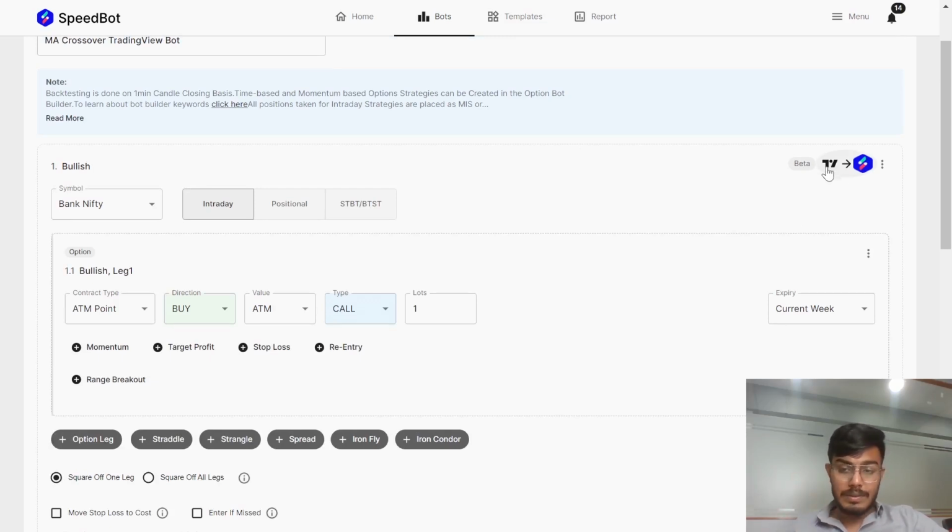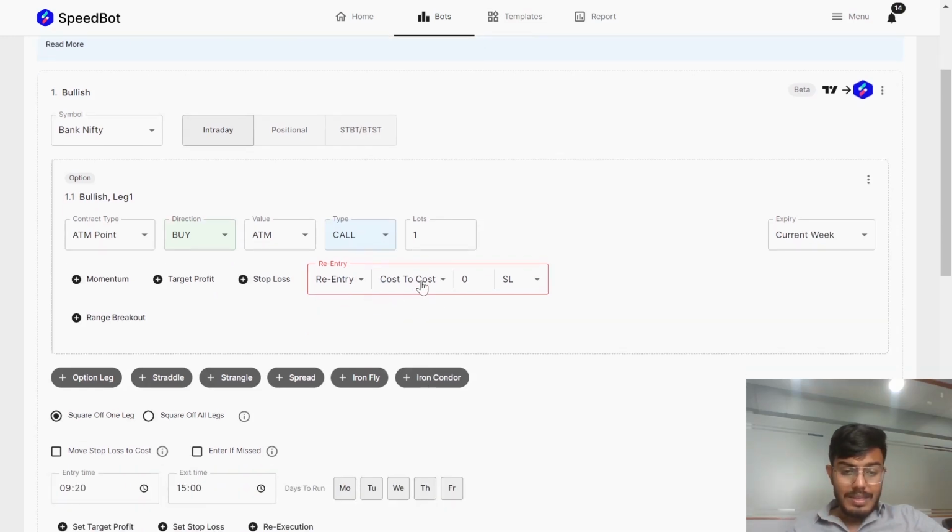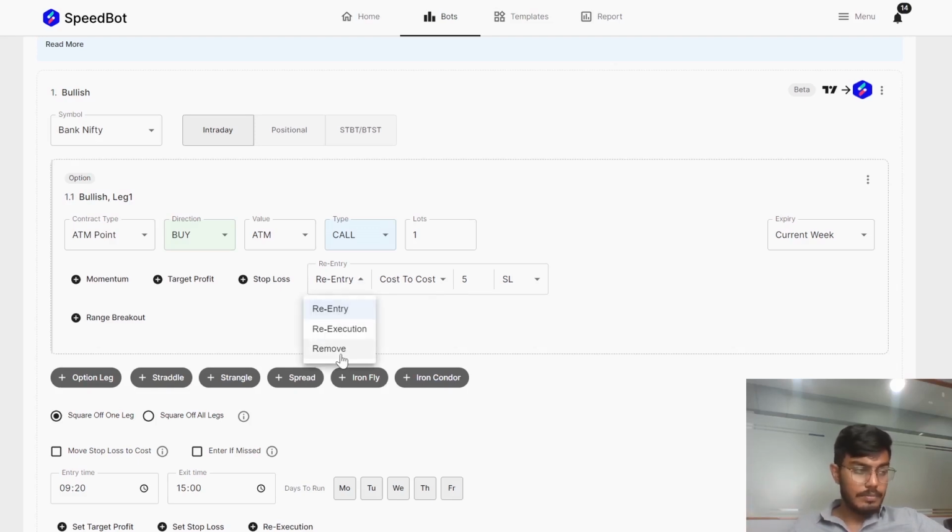Apart from the linkage of the external signals, that is the alerts that you create for your entry and exit signals, you can add the re-entry feature on leg level, or on the set level. The conditions will be checked on the basis of leg. So this is something that is possible from our end.